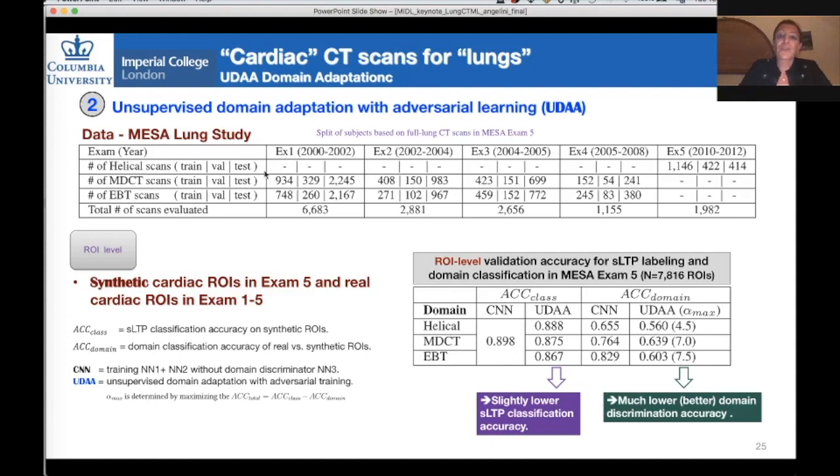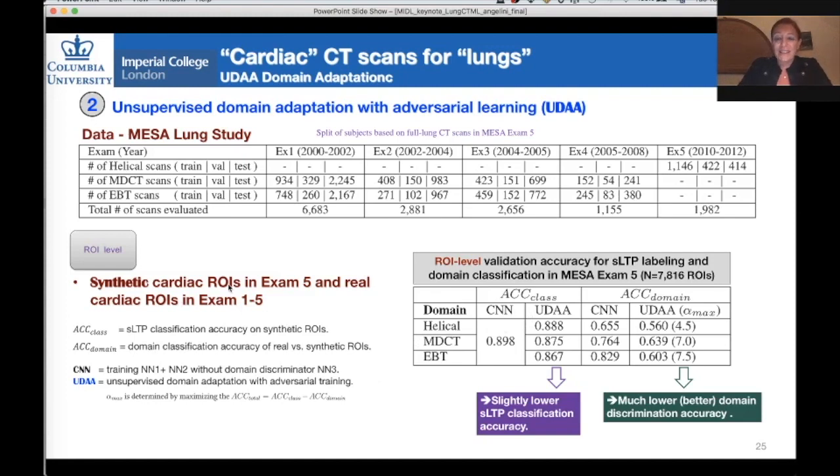And the good thing is that we were lucky enough to have enough samples to distinguish training for 3 target domains, which are helical scans, MDCT scanners, and EBT scanners. And you have the numbers here. As you will see in the results, that was really key because those target domains are really different and really benefit from having a UDA trained specifically for them.